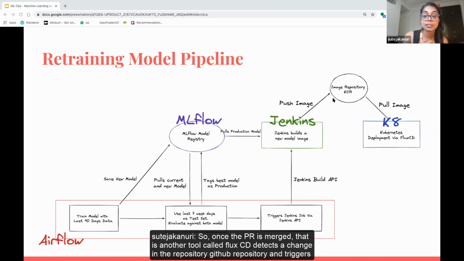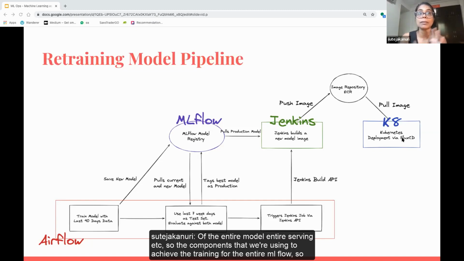Once the PR is merged, there is another tool called Flux CD, which detects a change in the GitHub repository and triggers a new Kubernetes deployment of the entire model, entire serving, etc. So the components that we're using to achieve retraining for the entire MLOps are MLflow, Jenkins, Kubernetes, and Flux CD. What else? I think that's it.